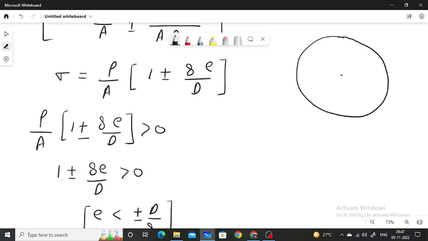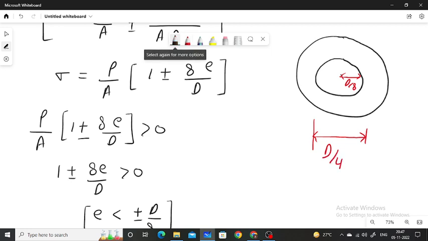So a circle having radius d by 8, so the diameter of the circle will be d by 4.